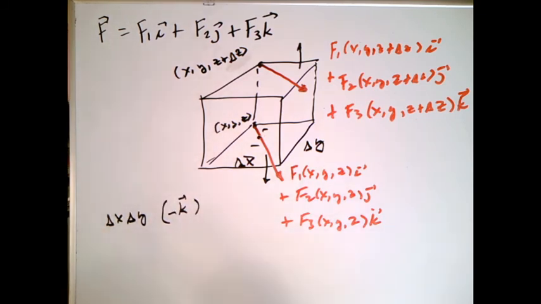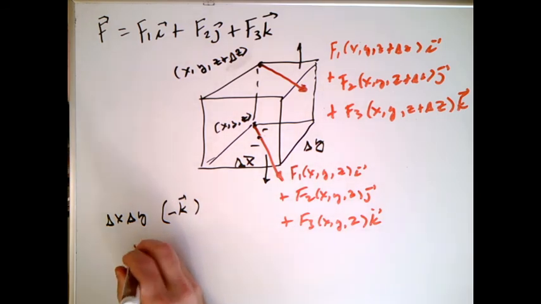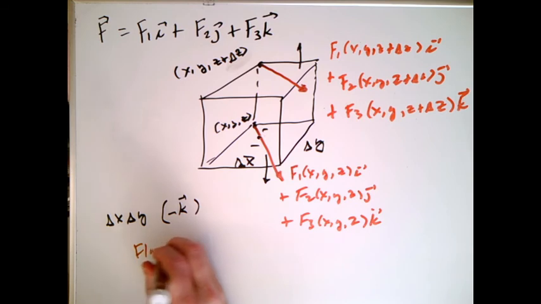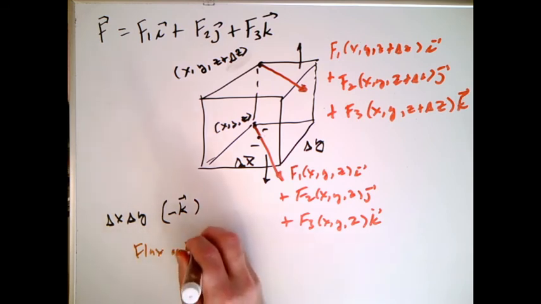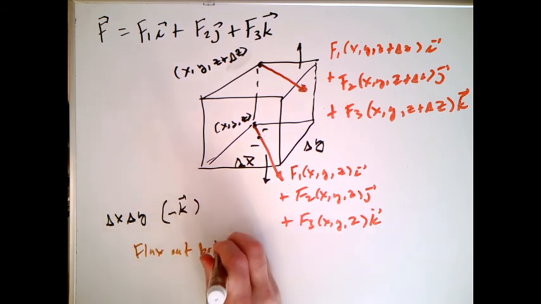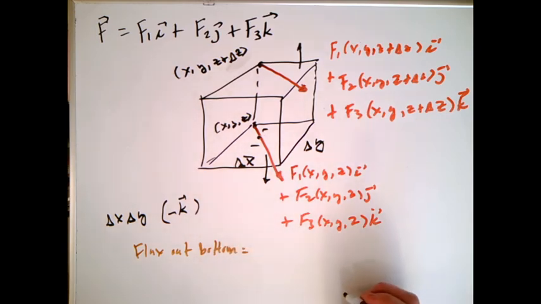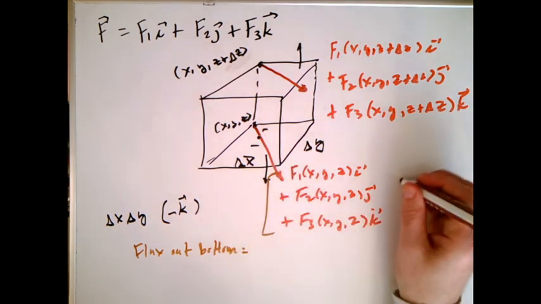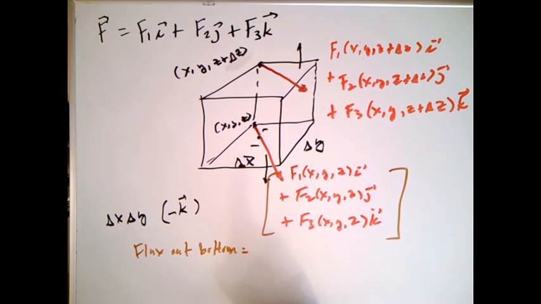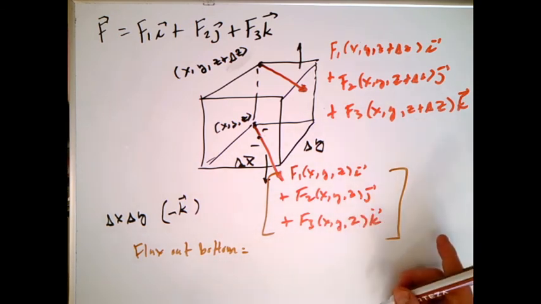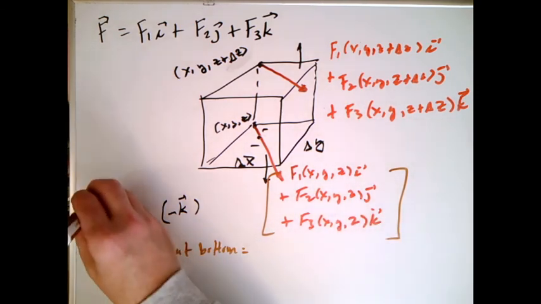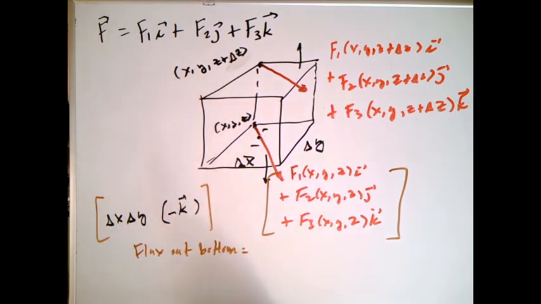And to find the flux on the bottom then, we'll call it the flux out the bottom. Remember, this is just an estimate, but it's a good one. It should be this whole vector, so f1(x, y, z) i plus f2(x, y, z) j plus f3(x, y, z) k dotted with this vector.